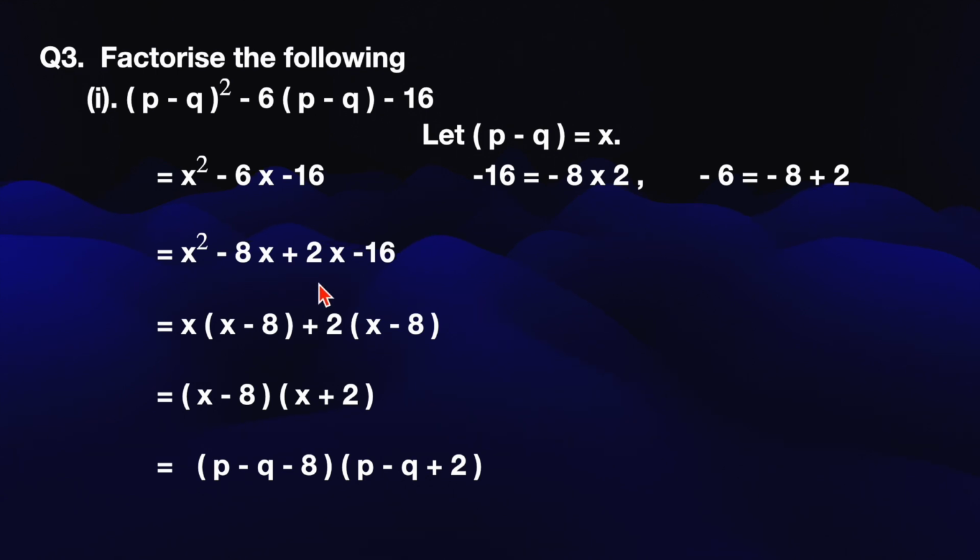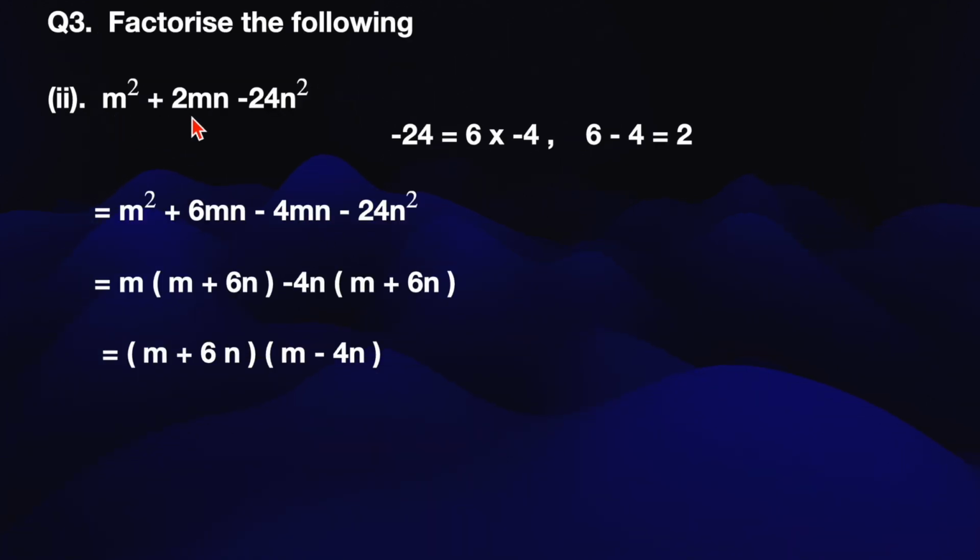So these are the two terms we get. x square minus 8x plus 2x minus 16. Take out x common, x minus 8, plus 2 into x minus 8. So x minus 8 into x plus 2. Now x is p minus q. So the last step, again substitute: p minus q minus 8 into p minus q plus 2.